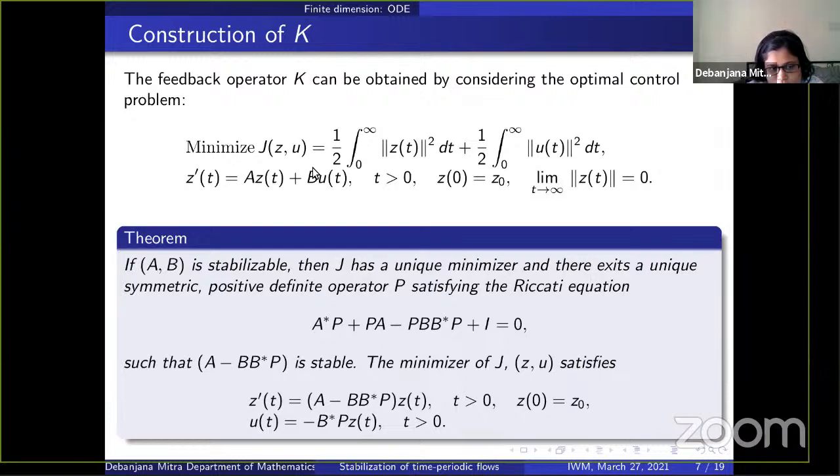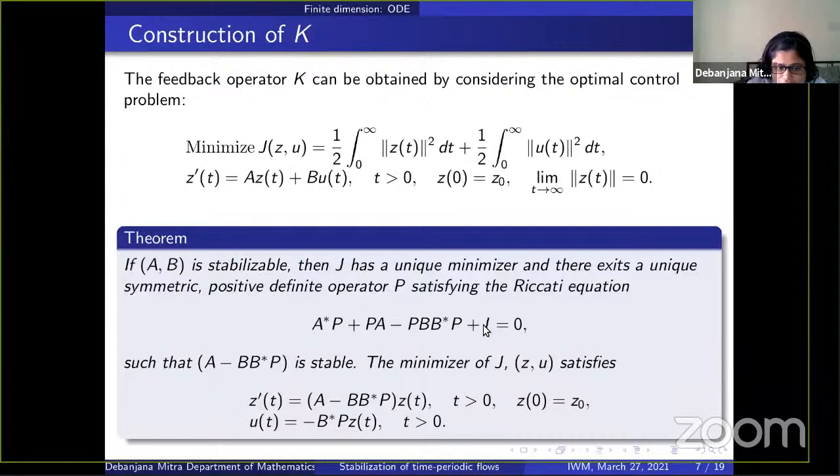We minimize over such controls. So then we have basically this result: if (A, B) is stabilizable, then J has a unique minimizer, and there exists a unique symmetric positive definite operator P satisfying the Riccati equation, which reads A star P plus PA minus PBB star P plus I, where I is the identity, is equal to 0. So this is basically a matrix equation.